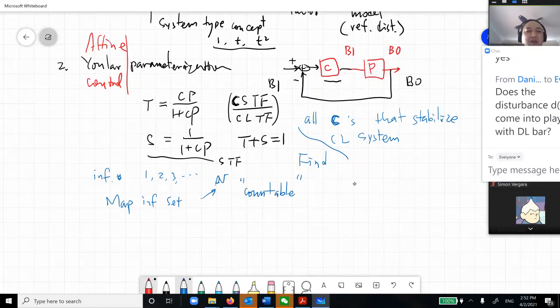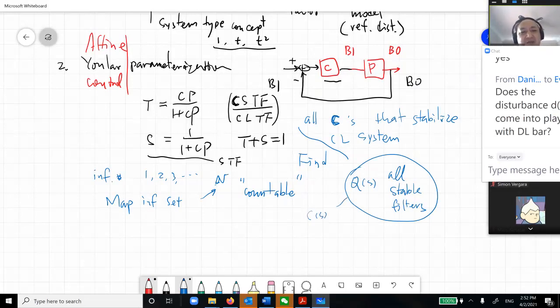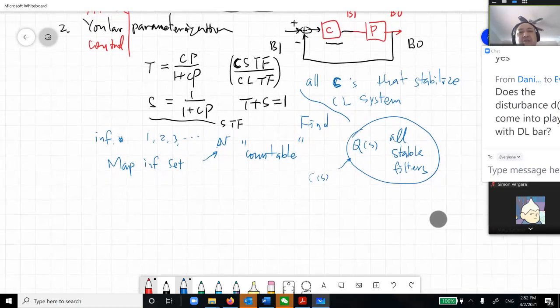Say for example, I have a family of all stable filters. This is a family. So if I can express C in terms of all stable filters, then we call this parameterized, okay? So that's the basic idea.